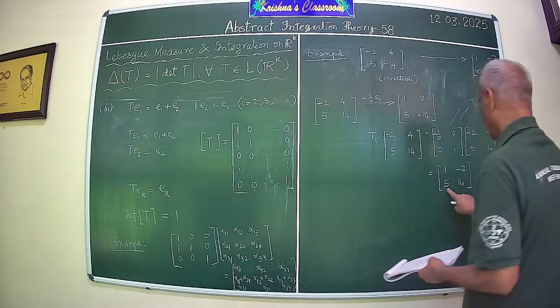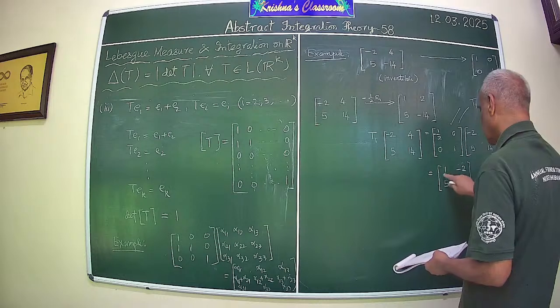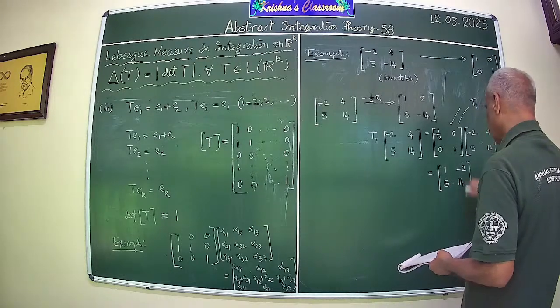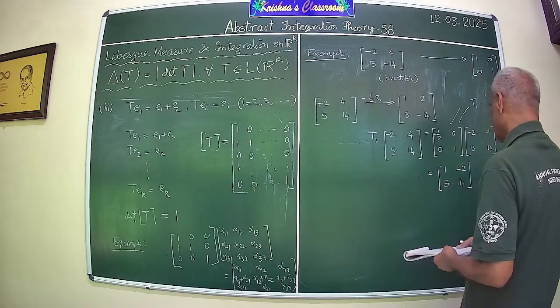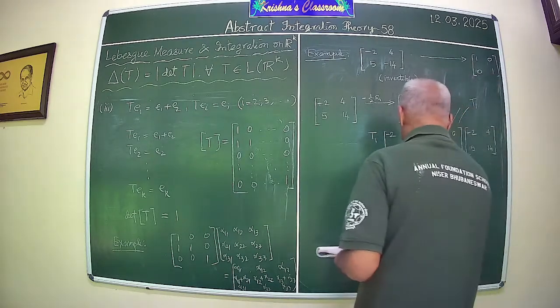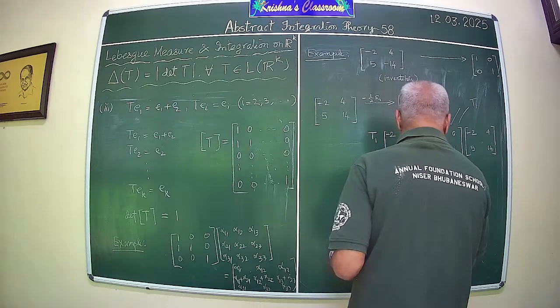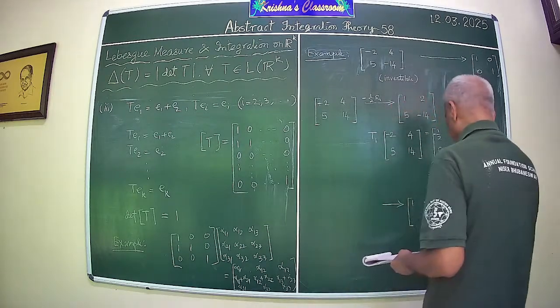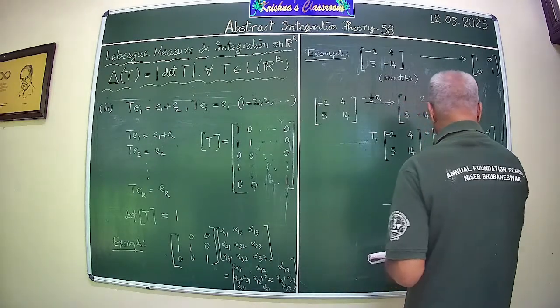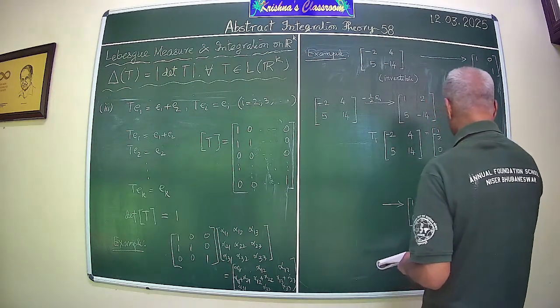From here, what you do is you subtract 5 times this. Okay. Then what happens? You'll get 0 here. Okay. All right. So this you transform to 1, minus 2, subtract 5 times that. So minus 2, 5 times that is 0.